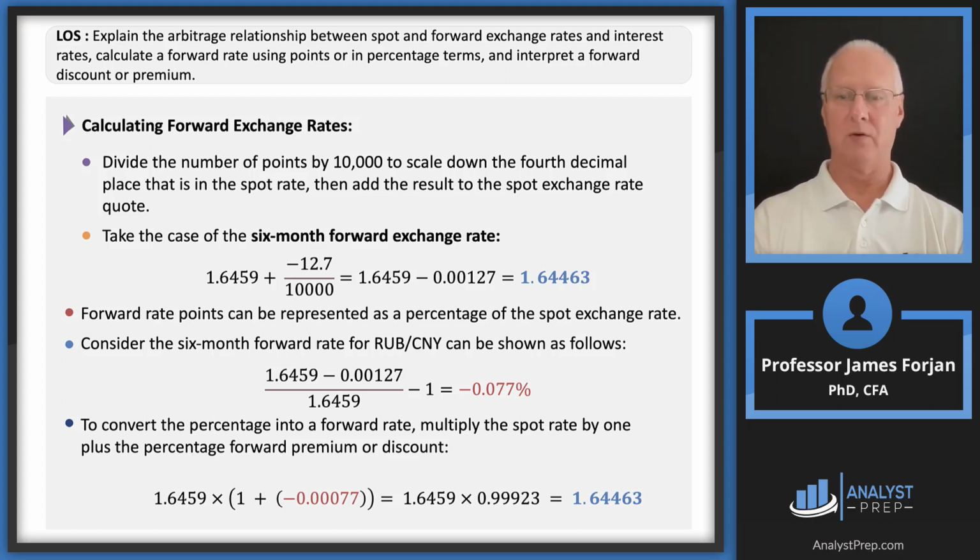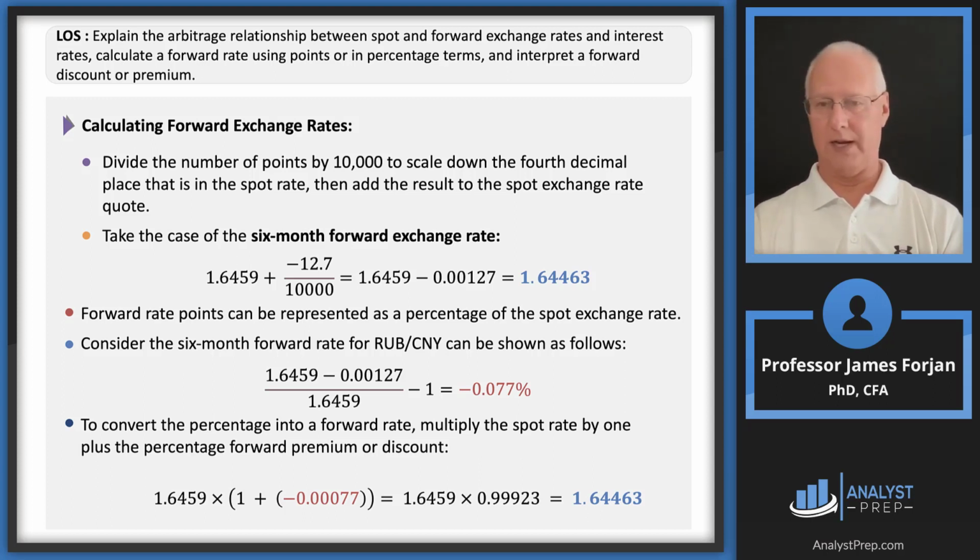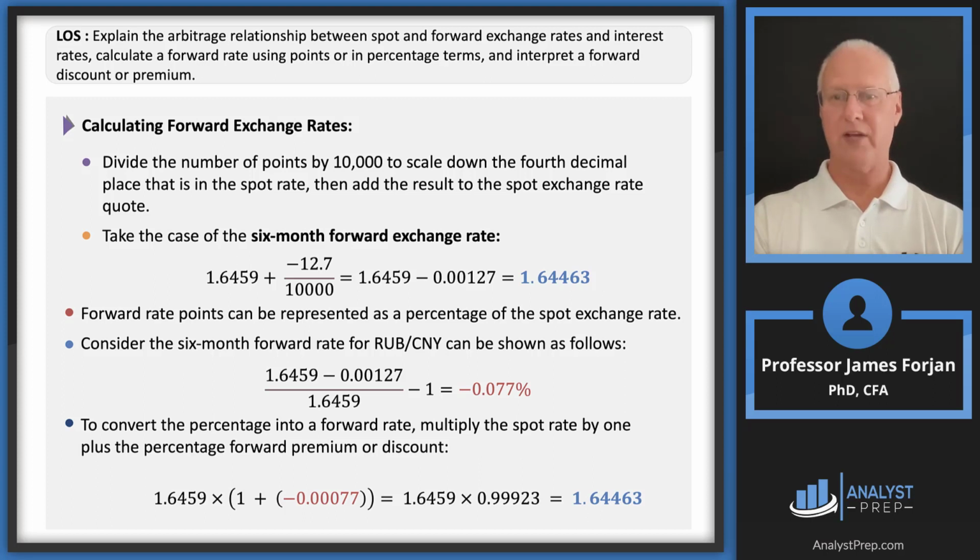And then what you could do is convert that into a percentage change. We do that for you in that blue bullet point. This is really just what I taught you back in time value of money, F over P minus 1. So F is the future, or in this case, the forward. So you take the 1.6459 minus 0.00127, which is 1.64463.